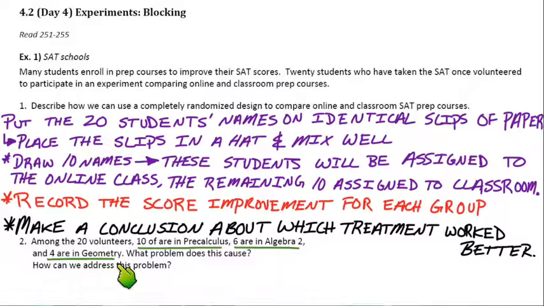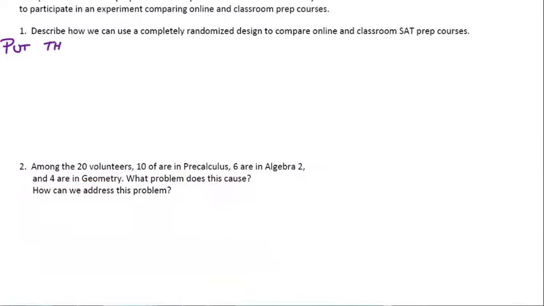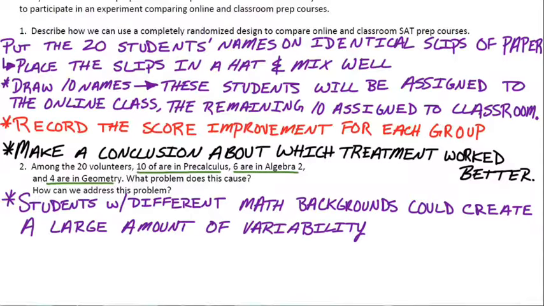Well, first we were just trying to compare online scores to regular classroom scores. This adds another variable to the mix. You've got kids from different math classes with different math backgrounds. So that creates another source of variability. So I'm just going to scroll down here.